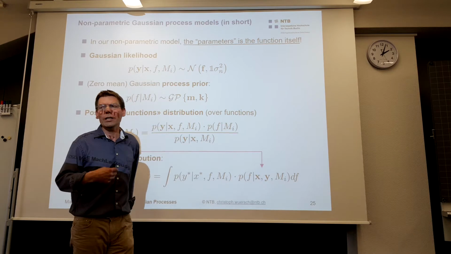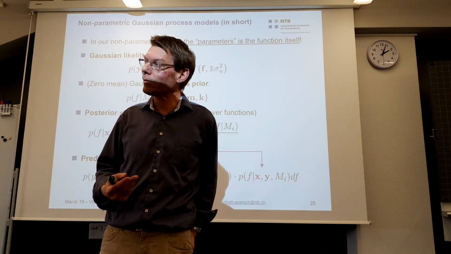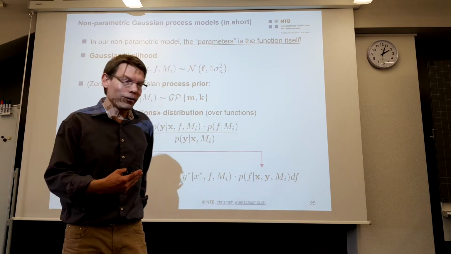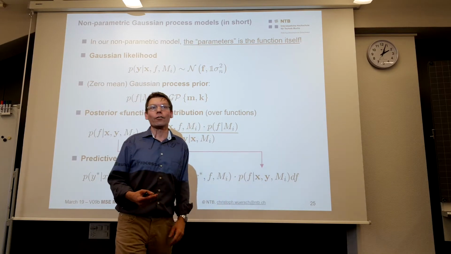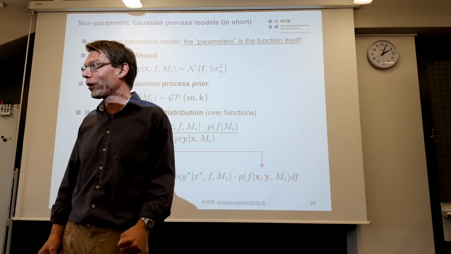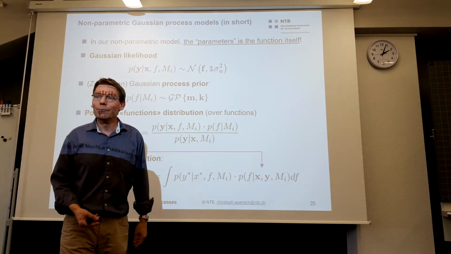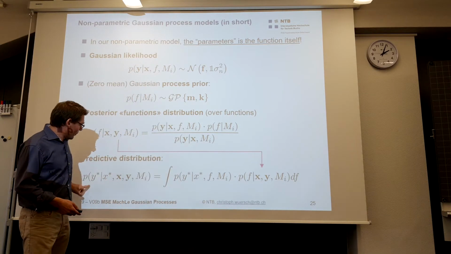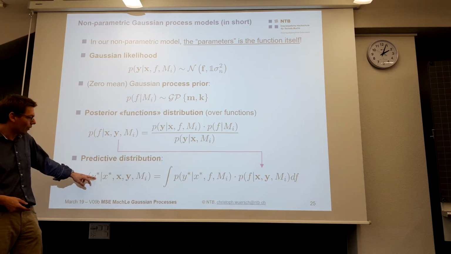So we put in every possible function in our hypothesis space and weight it, given the data points, by the probability of that function, which is a continuous distribution over all these functions. It selects them according to their probability, and we get an estimate of how probable our prediction will be.